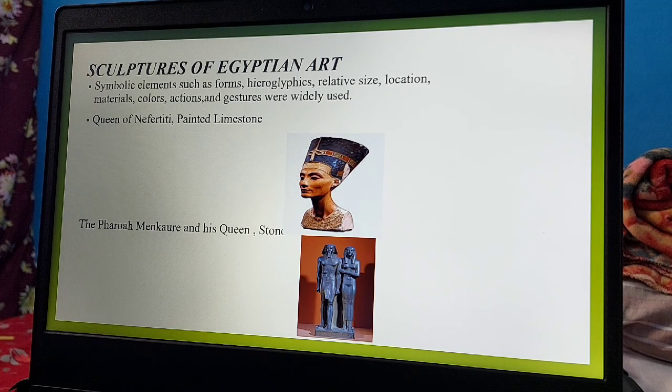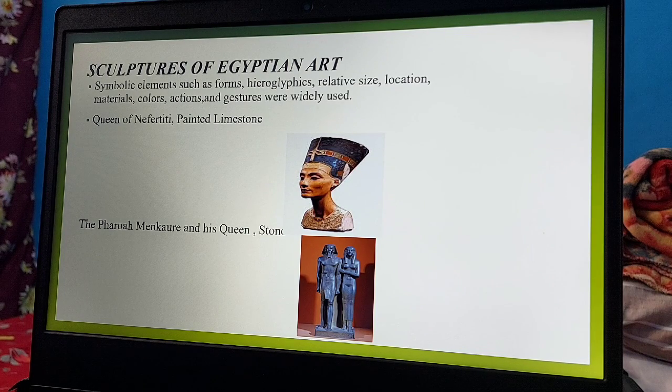So here is the information about Queen Nefertiti. She is realistic, with heavy lidded eyes, slender neck, and determined chin, and pure profile under her heavy crown. As you can see, she has a crown which is painted with black.